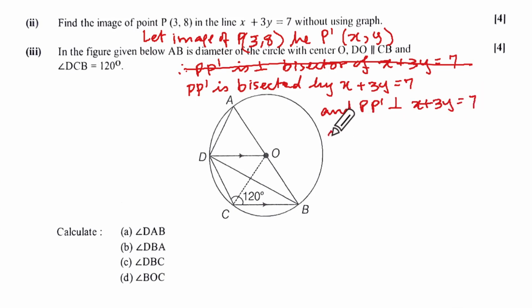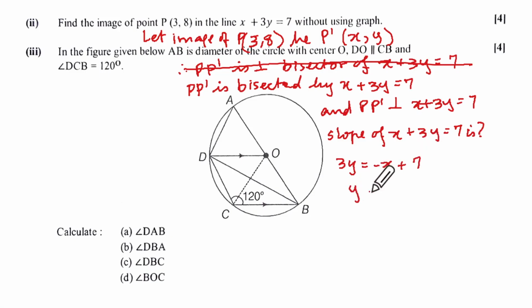Okay, so slope of x plus 3y equal to 7 you will have to find out. So 3y is equal to minus x plus 7. So y is equal to minus x upon 3 plus 7 upon 3.